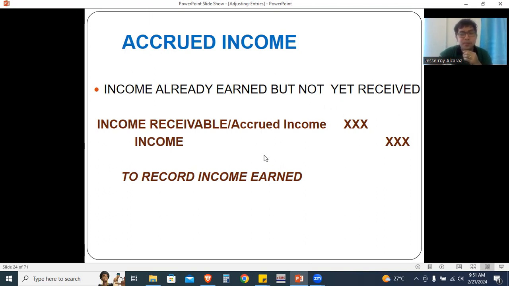So the entry to record accrued income is debit income receivable or accrued income. But normally we use the receivable as our debit and credit the appropriate income account to record the transaction. Then explanation is to record the income earned.